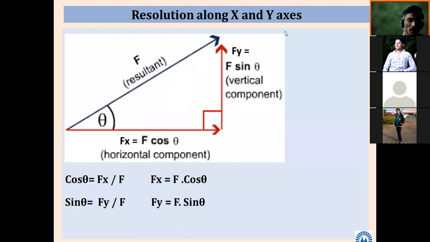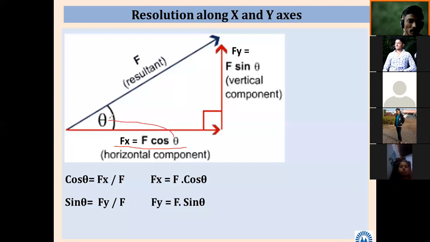So here, as the angle made with the axis is theta, we take F cos theta along the axis, and perpendicular to it we take sine.